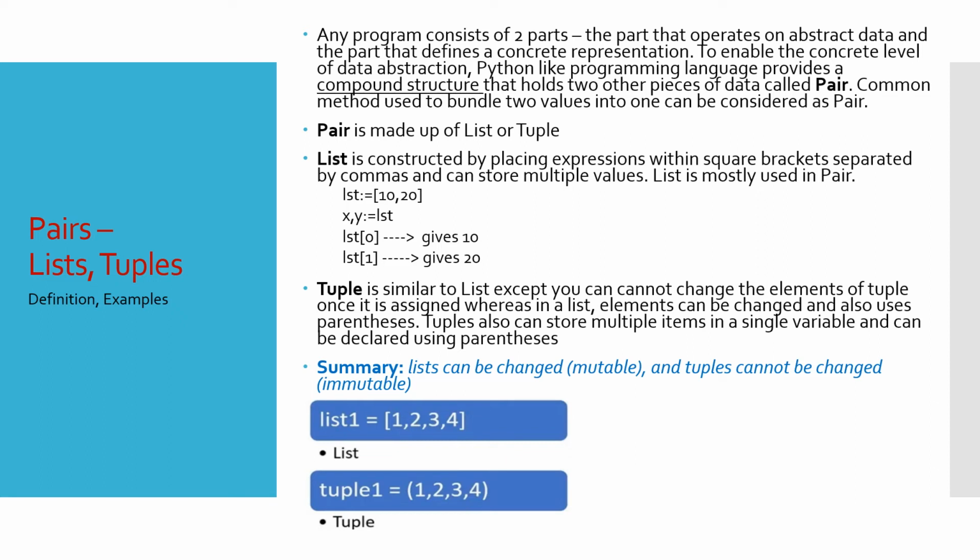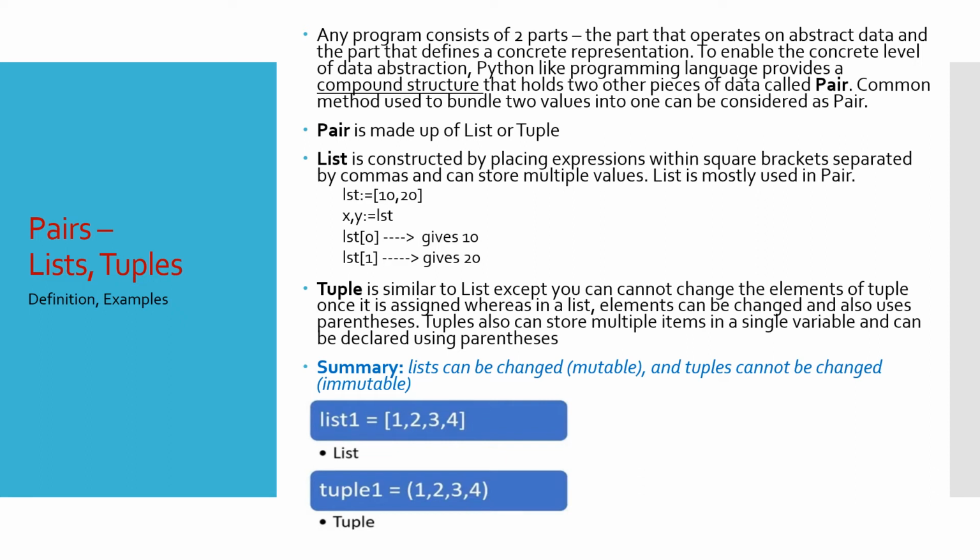So any program normally consists of two parts, which I said before. It will basically be the part that operates on abstract data, and the part that defines its representation as well. So to enable the concrete level of data abstraction, a programming language like Python provides a compound structure, meaning a combined structure, I would say, which holds two pieces of data together, called a pair.